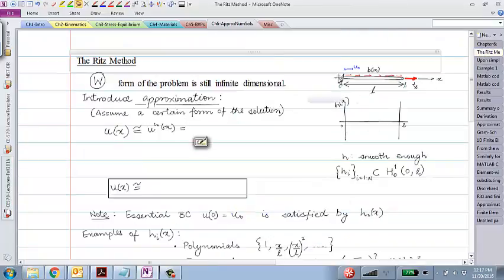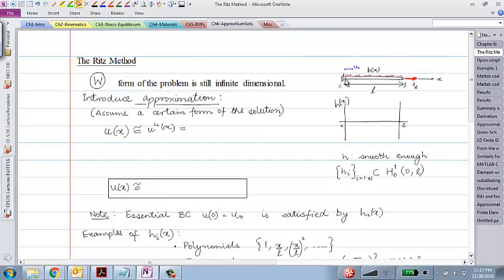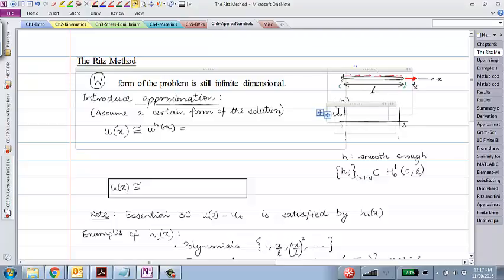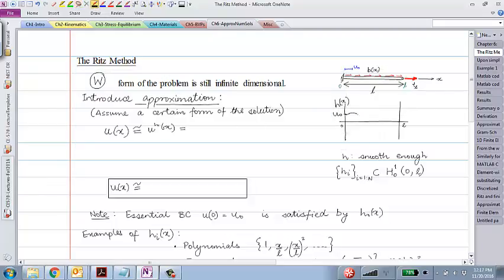Since I know that I need to pick functions which go to a value of u0 at x equal to 0, I'll go pick something here, the value u0, and I'll pick some function, could be any function. Whatever it does in the remaining part of the domain is immaterial. The only thing that it must do is go to u0 at x equal to 0. Okay. If I do that, let me call this function h0 of x.